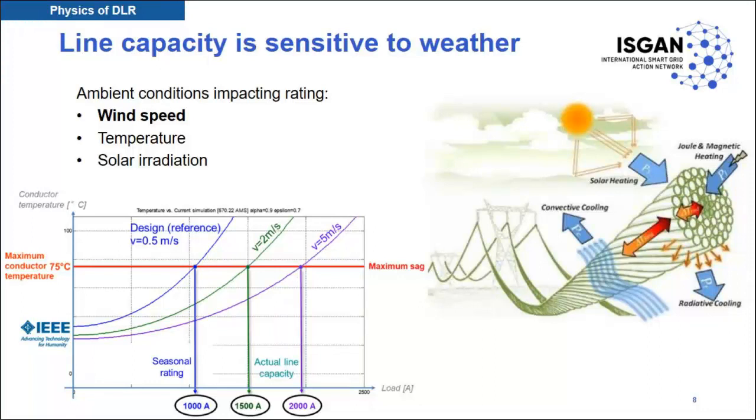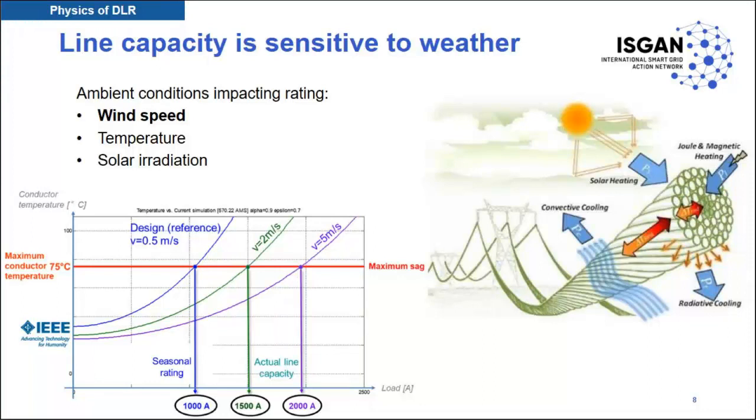Now, this is for the design of the lines when there is no wind, or in Europe, 0.5 meters per second. Now, if you have 2 meters per second, you can see that the gains are dramatically impressive, because the capacity of the same conductor has doubled, only with 2 meters per second of wind. Sorry, it has increased by 50%.